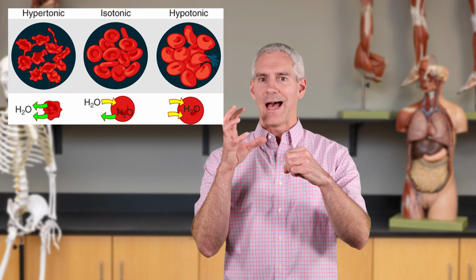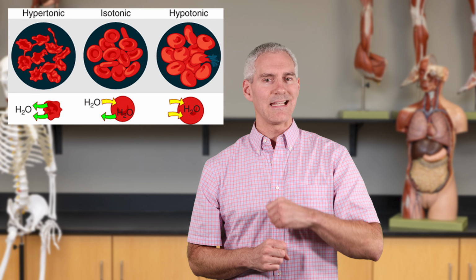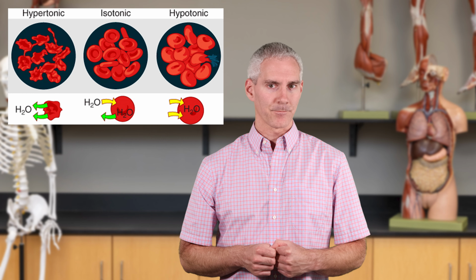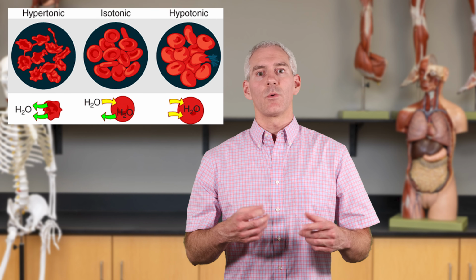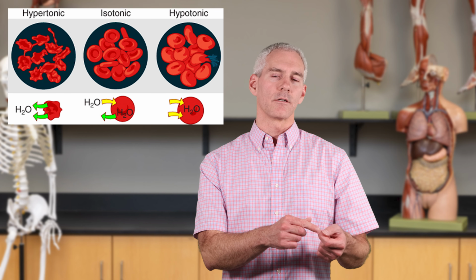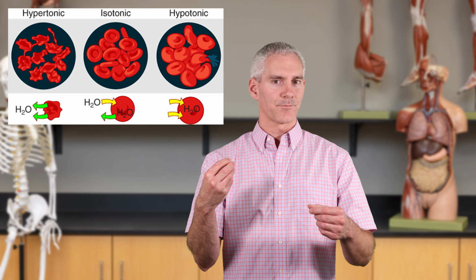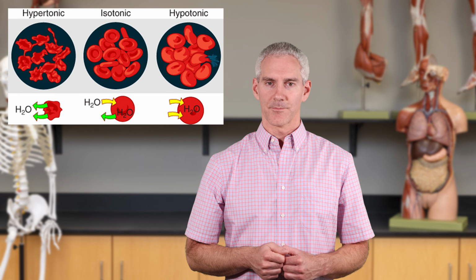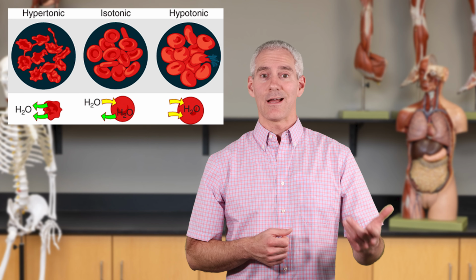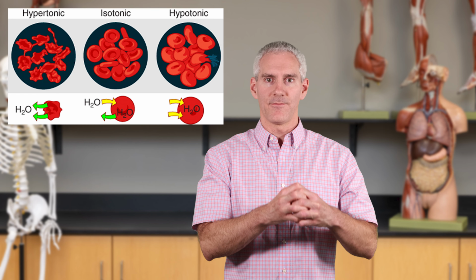That means there's higher particles out here that can't get in, lower particles inside that red blood cell. The only thing that can move is water. So what happens is the water is going to try and leave the red blood cell and try to dilute the external environment. That means that red blood cell is going to shrivel up, not be normally functional.